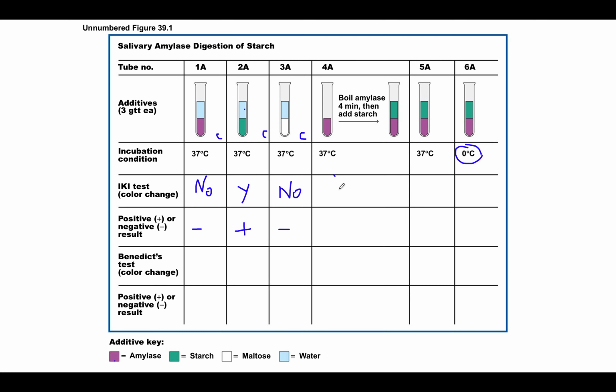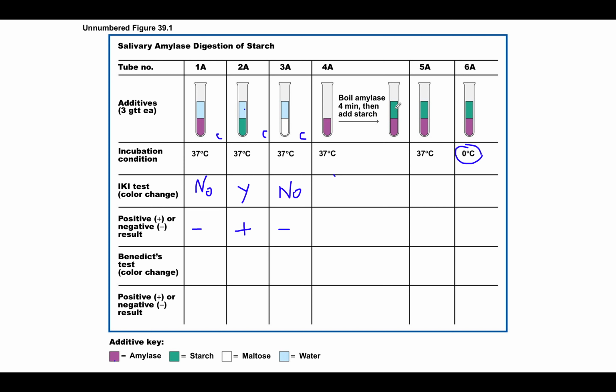What did we add in number 4? We added amylase, and we added starch. However, the amylase was denatured. So do we think the starch is going to be digested by a denatured amylase? Probably not.